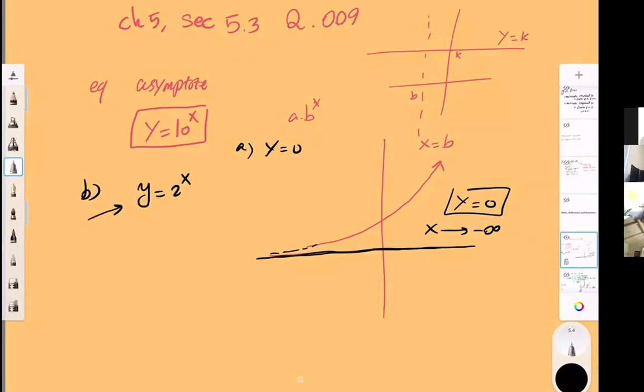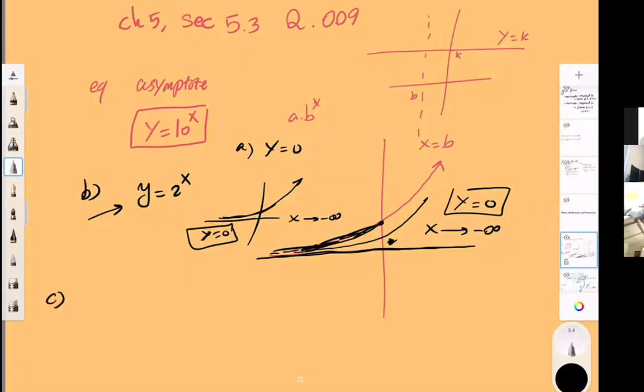If you graph this one, you will get a similar thing, 2 to the power of x might be like this. They're going to go from the same point. But again, it would be exponential growth, and as x goes to negative infinity, y equal to 0. So you need to write y equal to 0.